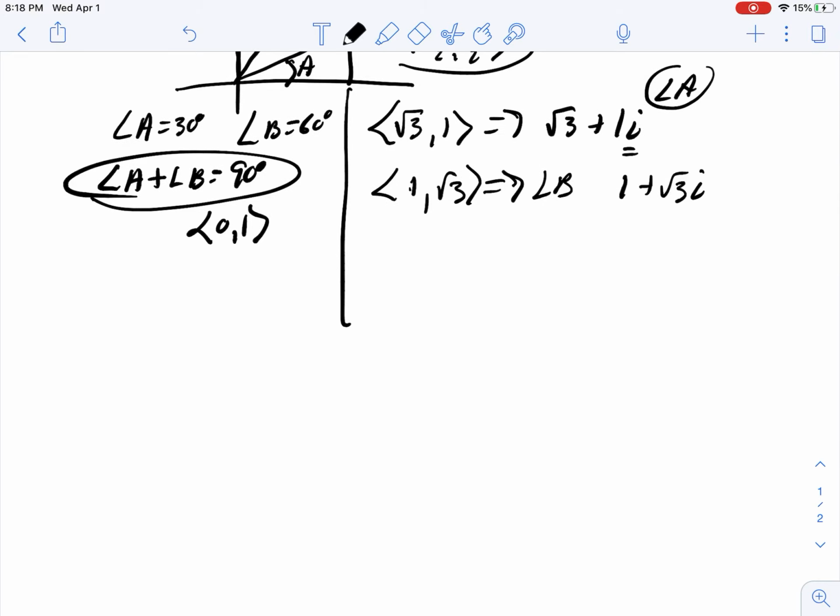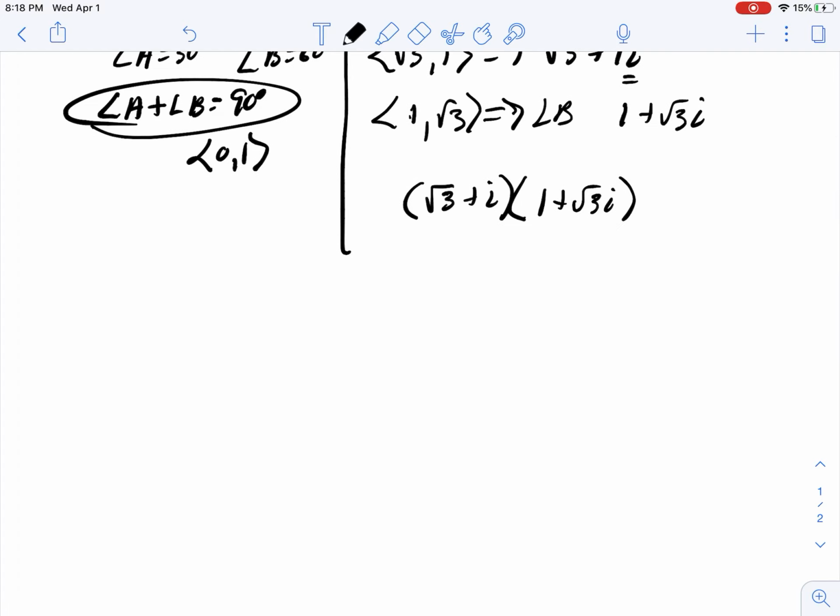So in Algebra 2, we ask students to do this: root 3 plus i times 1 plus root 3i. And we don't give any meaning to it. We just say these are some complex numbers, this is how you multiply them, and that's kind of where we stop. So let's multiply those out, and I'm going to do it by the box method to try to cut down my errors.